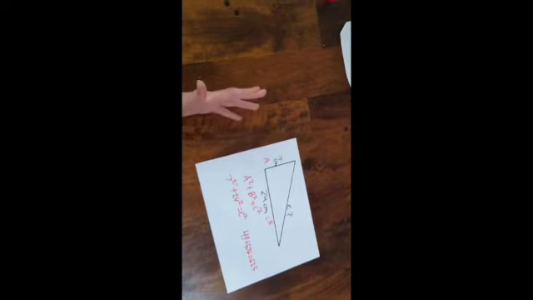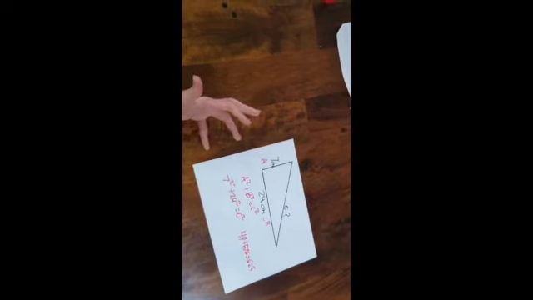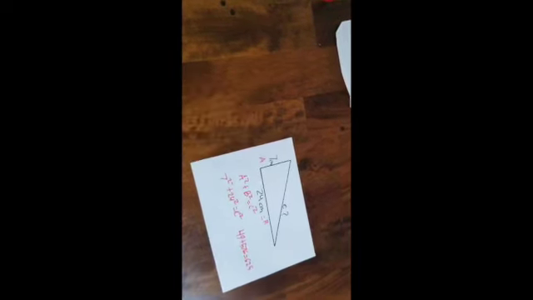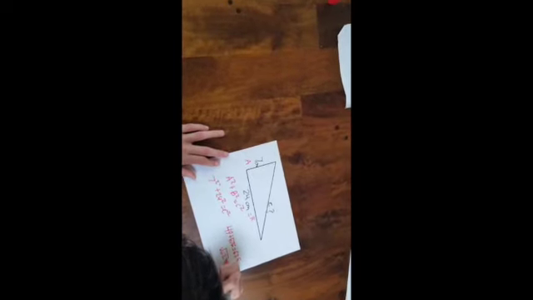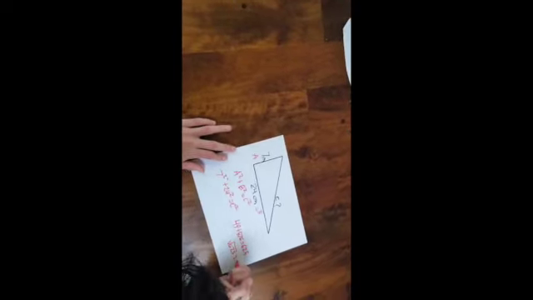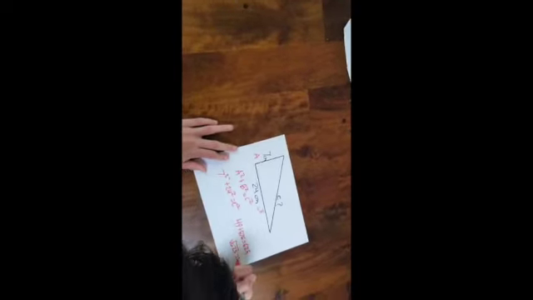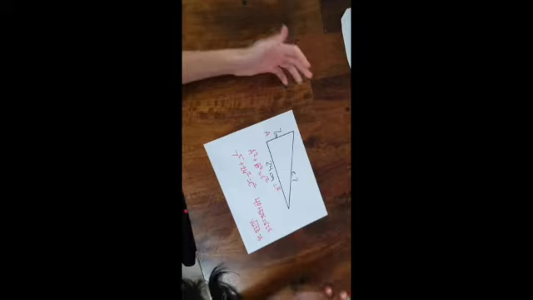And now what we have to do is find the square root of 625, and that's a pretty easy one. That is 25. So now we found the hypotenuse, and that is 25.